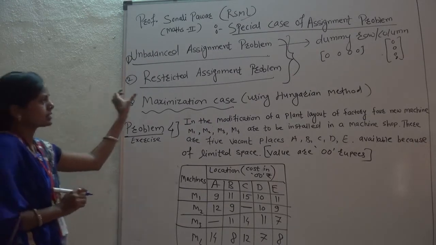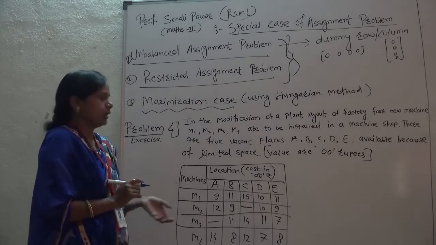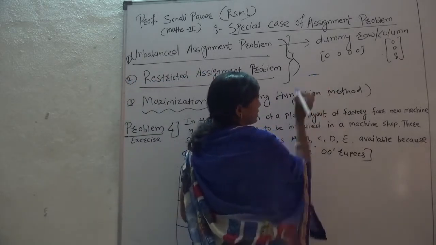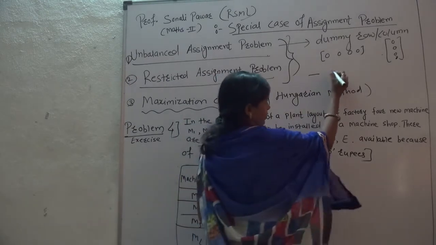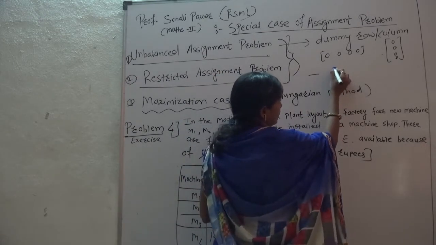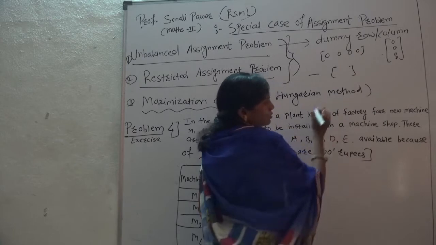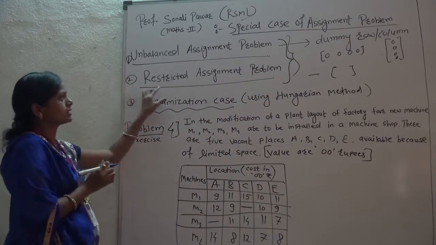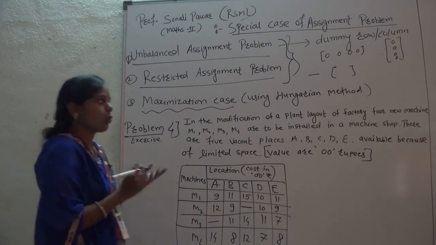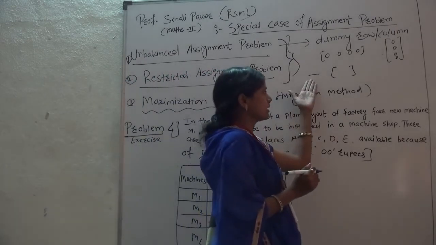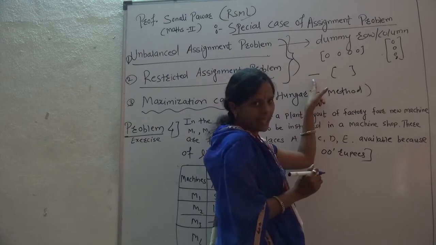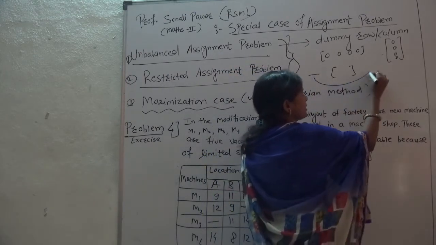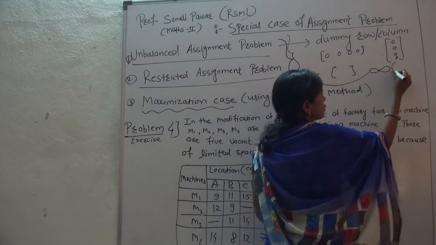And what does a restricted assignment problem mean? In a given assignment problem, if any place is missing, not given, or empty, we say this problem is a restricted assignment problem. So what do you have to do? In a restricted assignment problem, a dash means a missing value. The missing value is replaced by the highest cost.